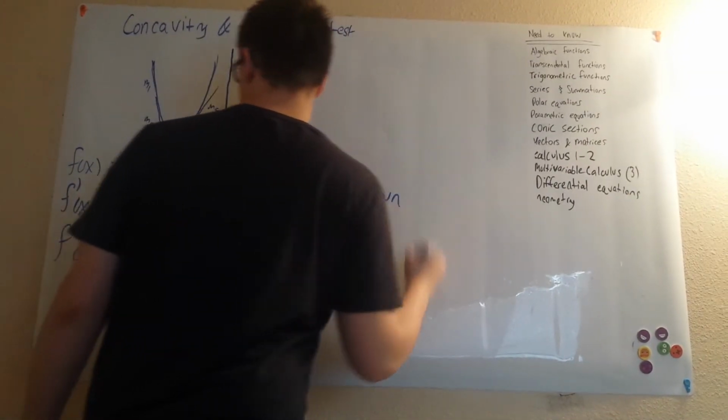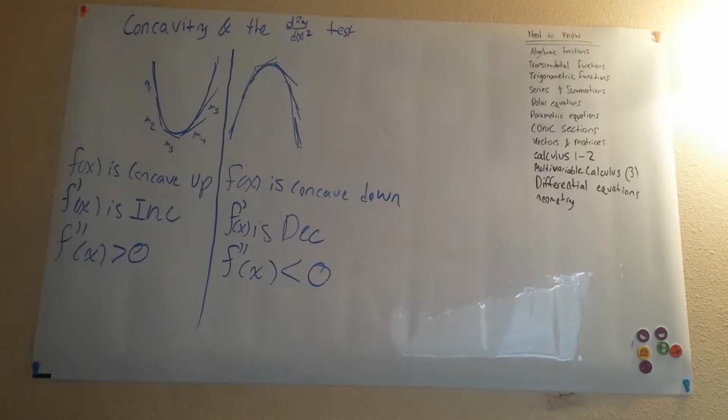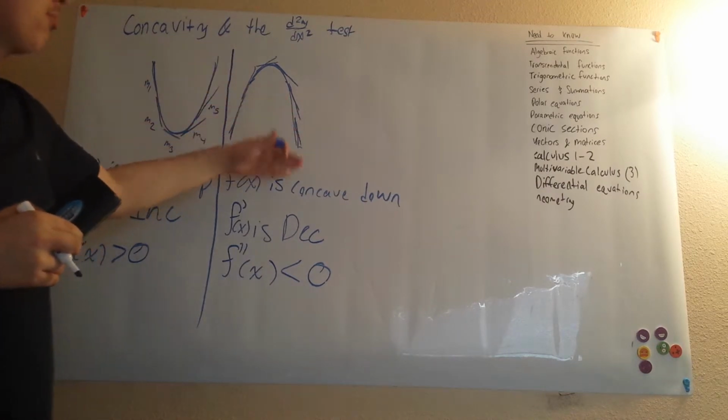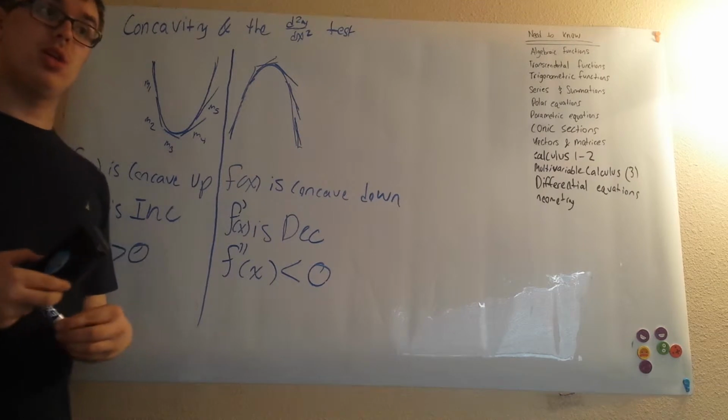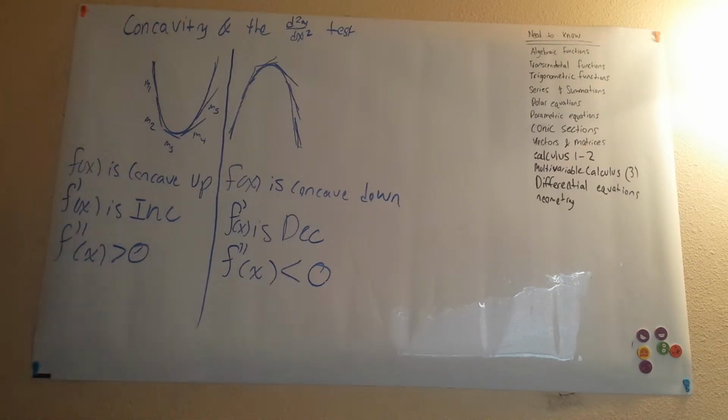It's very important to make this chart. This is concave up, and this is concave down, and this is what it means for each of the derivatives. So that's what concavity means.